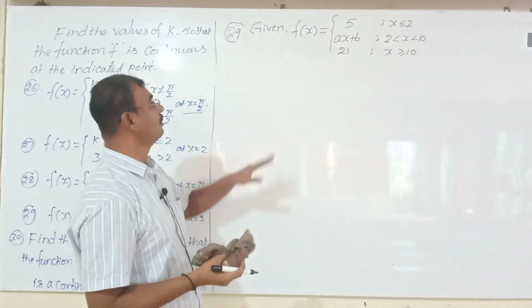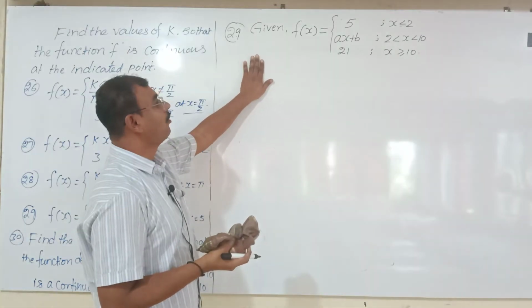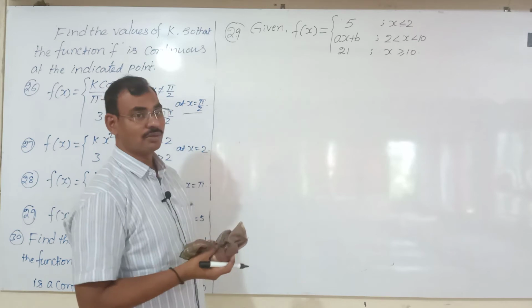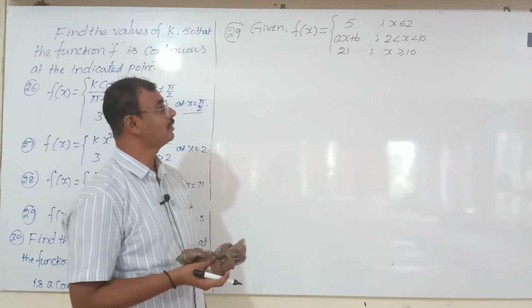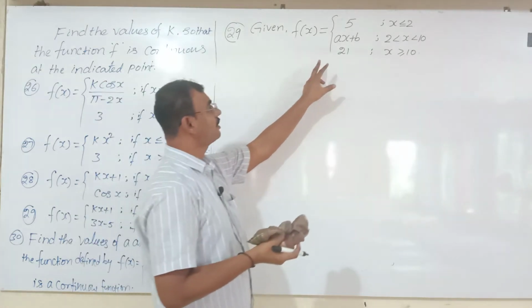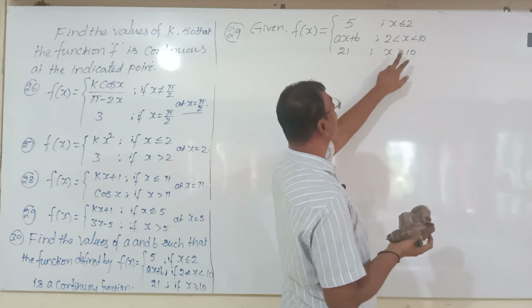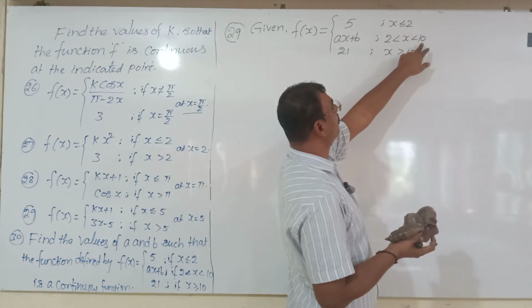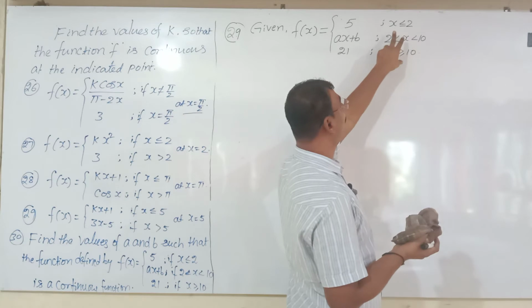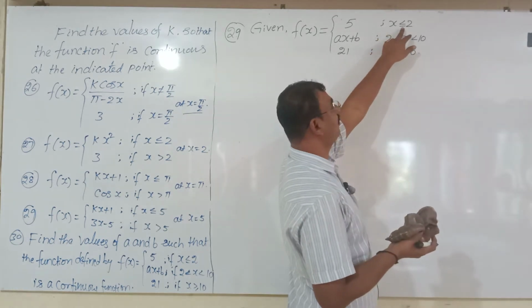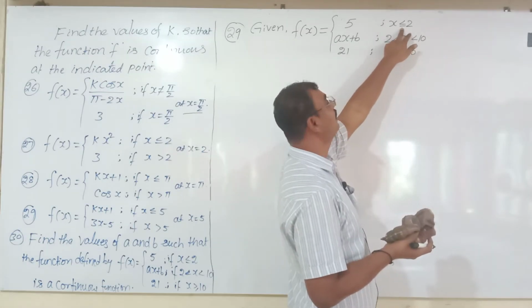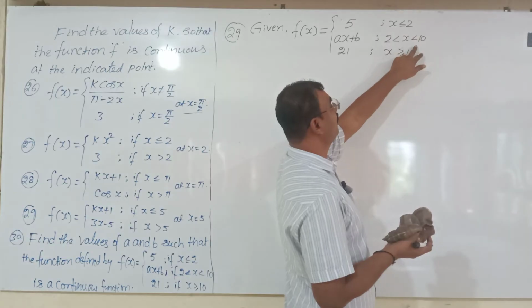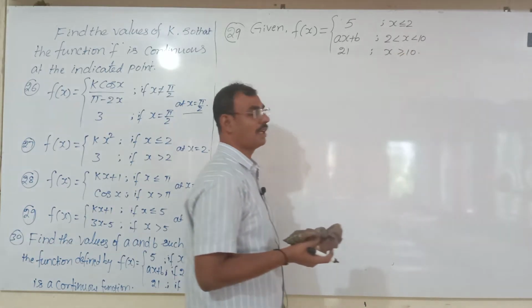Now we have to observe at what points we have to check the continuity first. According to these breaking conditions, 2 and 10 are there. So we have to find limits at x equal to 2 as well as at x equal to 10.